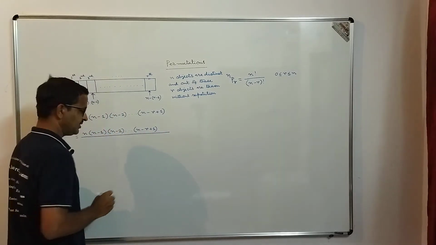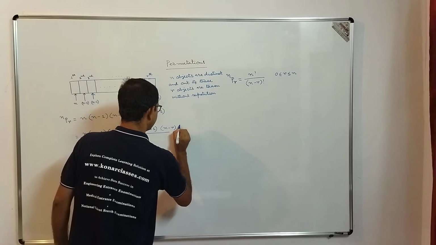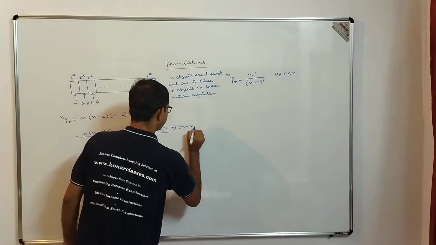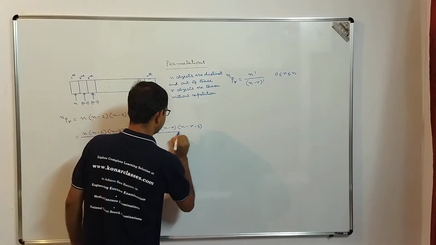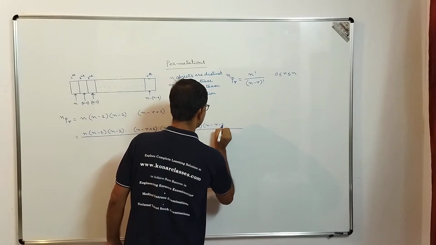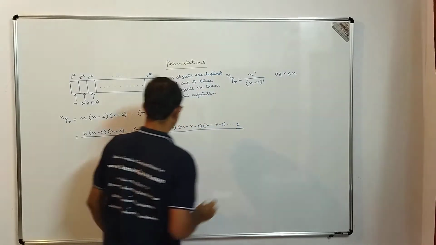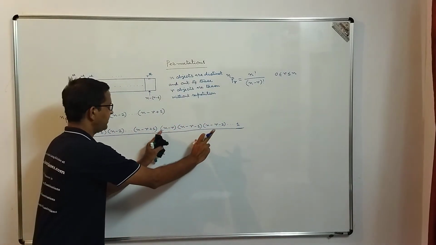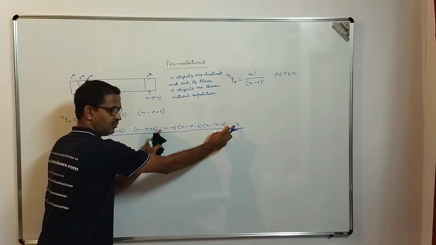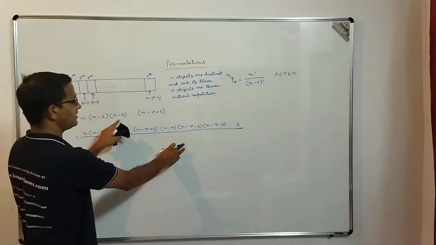After that we multiply it by n minus r, n minus r minus 1, n minus r minus 2, in that way continuing up to 1. Now if you see, from n minus r till 1 we multiplied in the numerator, so the same quantity we should write in the denominator so that it will cancel and keep the same value.